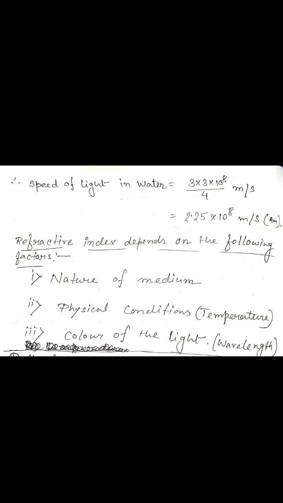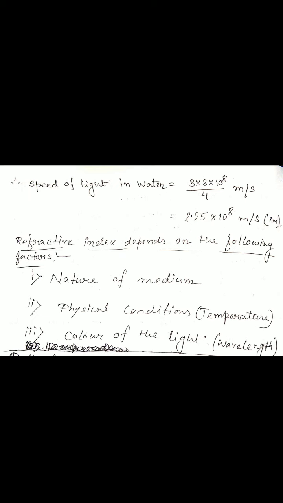Okay. So from this definition and from this discussion, it is clear that refractive index depends on the following factors. It depends on the nature of the medium, what kind of medium is there, denser or rarer, and whether it travels from denser to rarer or rarer to denser.